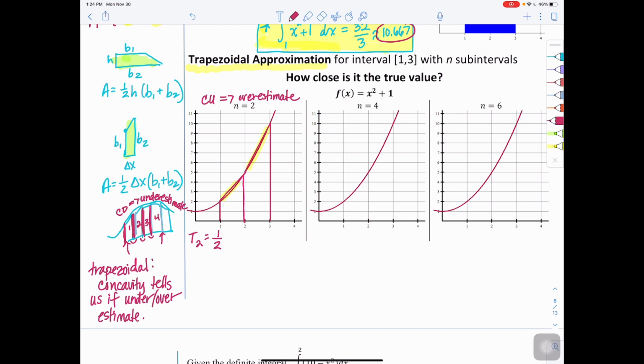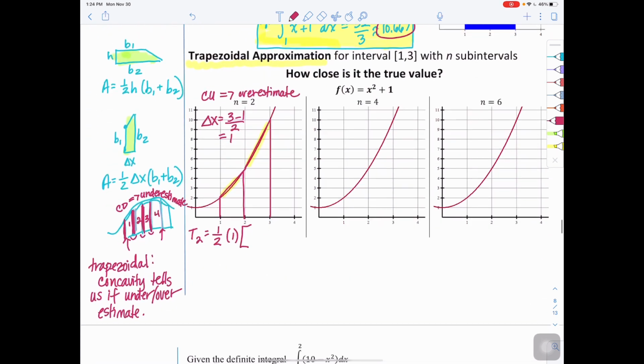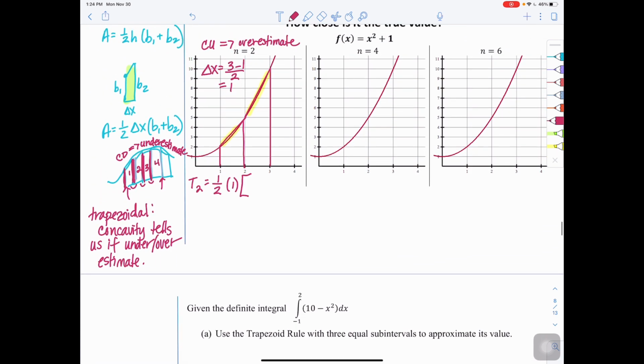1/2 times delta x. So delta x is 3 minus 1 over 2, which is 1. You already knew that. 1/2 times 1. So now we're going to write f of 1 plus twice f of 2 plus f of 3.